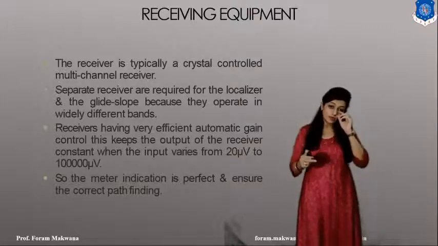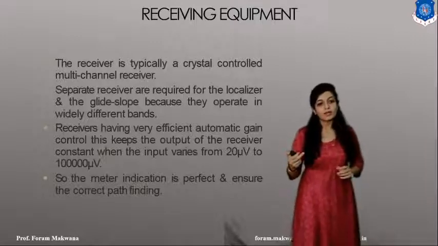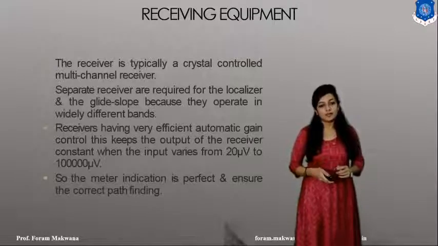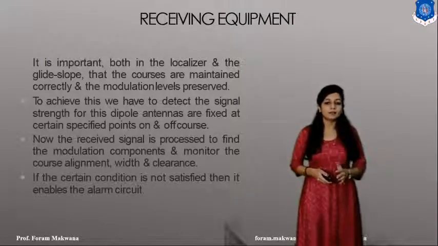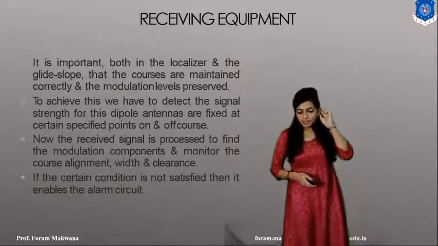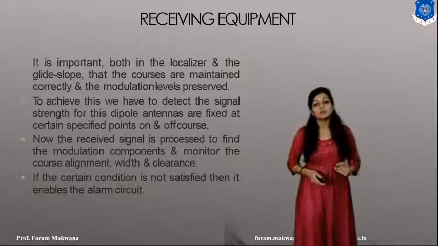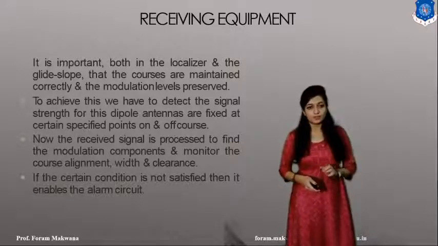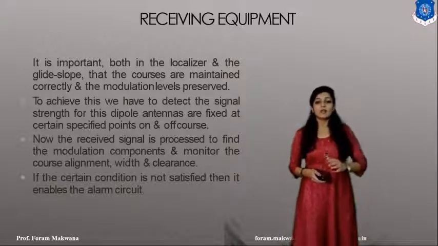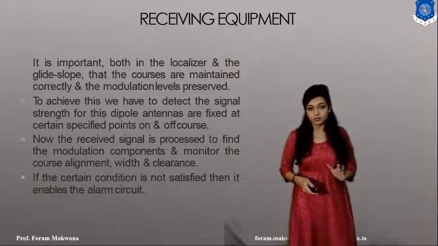So when the input varies from 20 microwatt to 1 microwatt, the meter indication is perfect, which ensures correct path finding. Right? Now, for the receiving equipment, it is important that both localizer and the glide slope courses are going to be maintained correctly. Okay? Because we are going to approach and land the aircraft safely onto the ground.